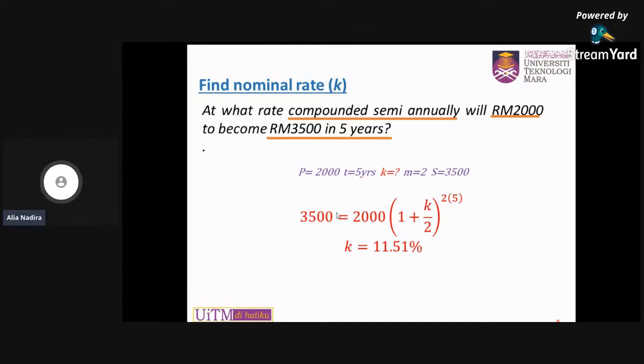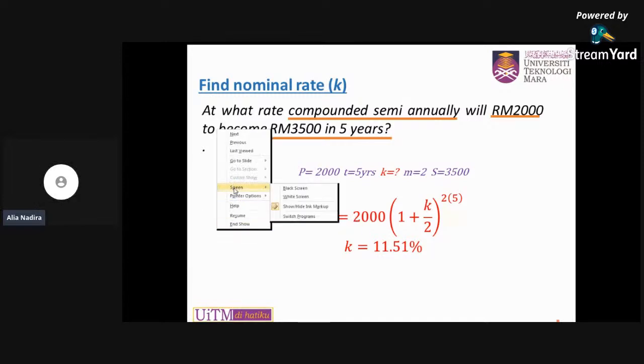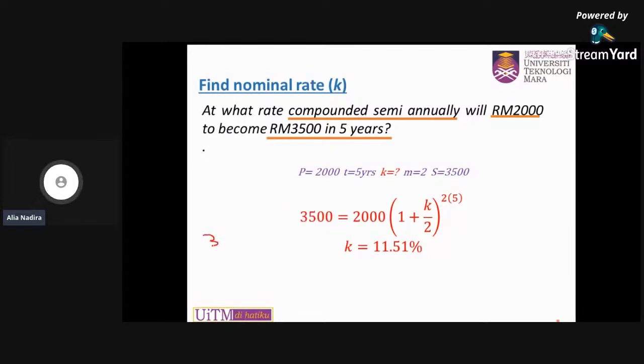Okay, so you substitute. So, okay, this one is your K. How to find is, first of all, this one, 2,000 you bring to the other side, dia jadi 3,500 bahagi dengan 2,000.